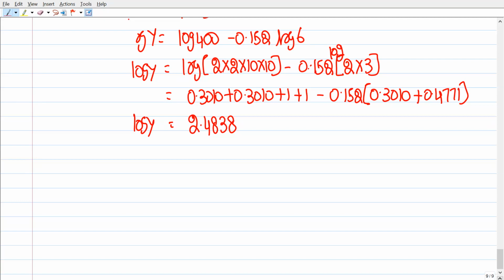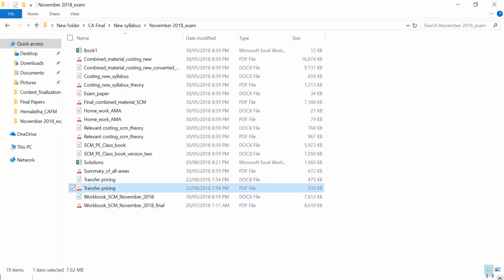Log y is equal to 2.4838. Any doubts on this? Now I'll give you the anti-log values.